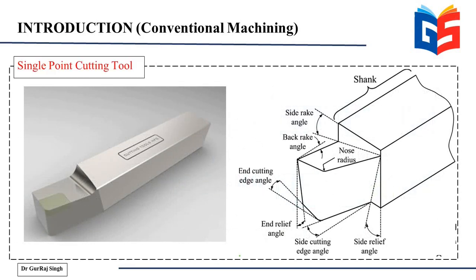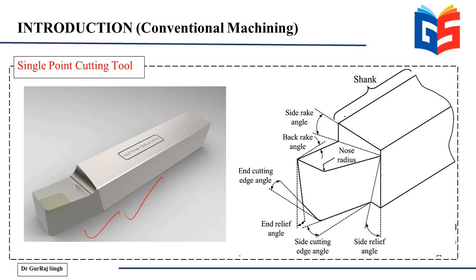Now we come to the cutting tool that is used on a lathe machine. The cutting tool used on a lathe is usually referred to as a single point cutting tool. It has one cutting point, and that's why it's called a single point cutting tool. This is how the tool looks, and this is the normal geometry of a tool.